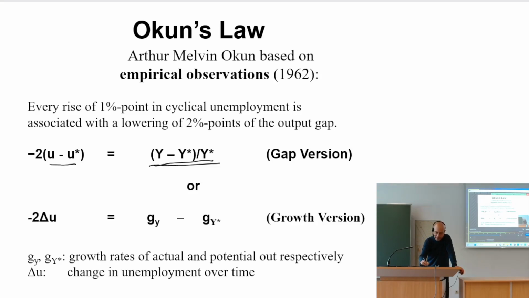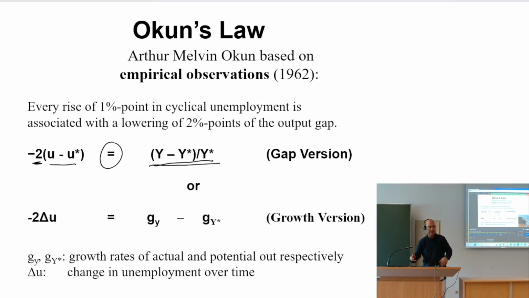And in order to get the equality sign here, the estimation says that in front of the difference between actual unemployment and the natural rate of unemployment, we need this factor 2, because then 2 times 0.5 equals 1.